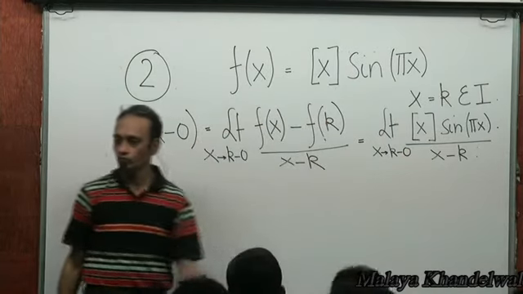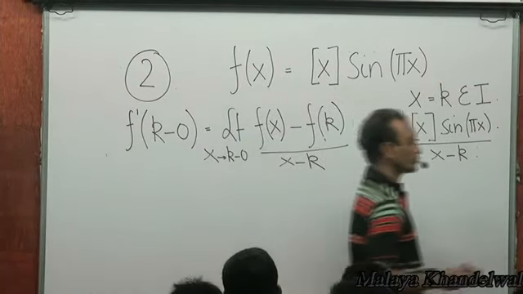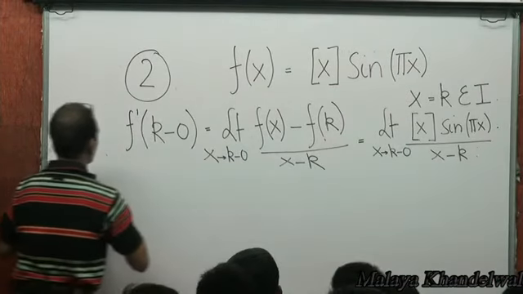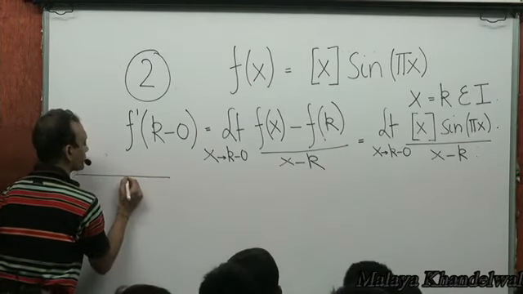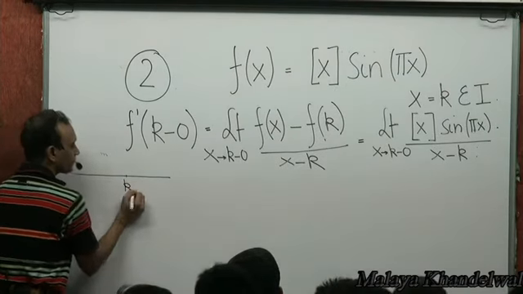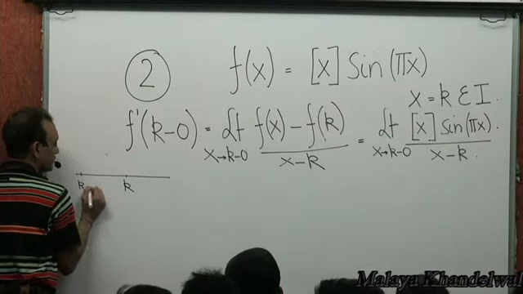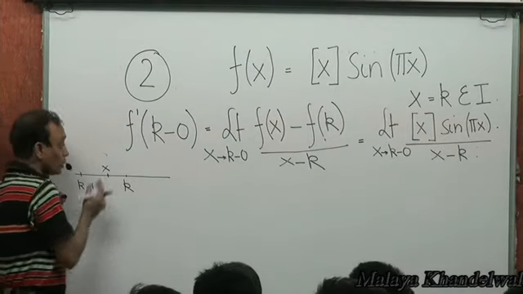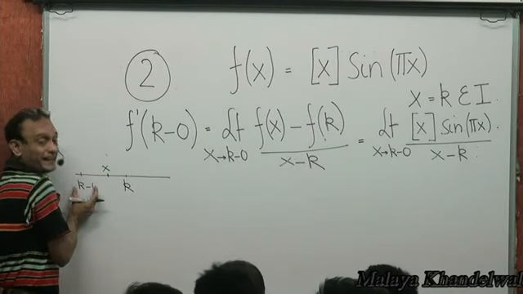Yes or no? Now, when x is in the immediate neighborhood of x equal to k but to the left of k, this is k, this would be k minus 1, and if x is to the immediate left of x equal to k, then box x would be identically k minus 1.